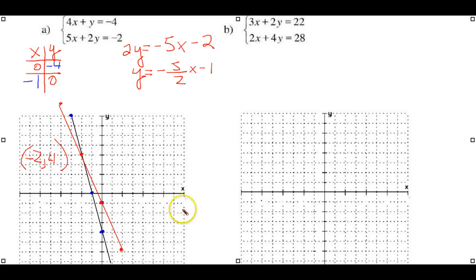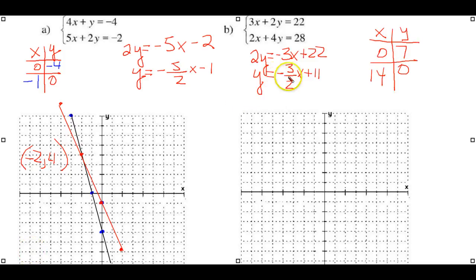Okay, let's do letter B. Now again, we're going to get fractions here. So I will solve this one for y, and this one I will use the x and y intercepts. Okay, so what I have here is my slope-intercept form.